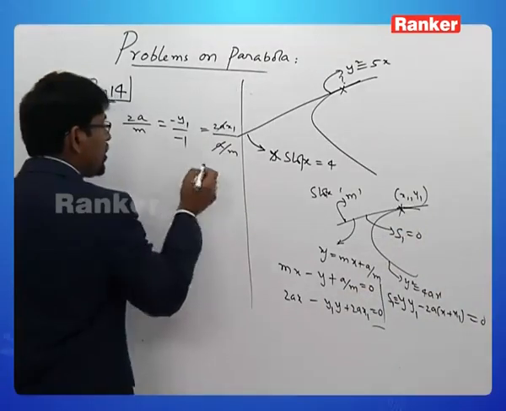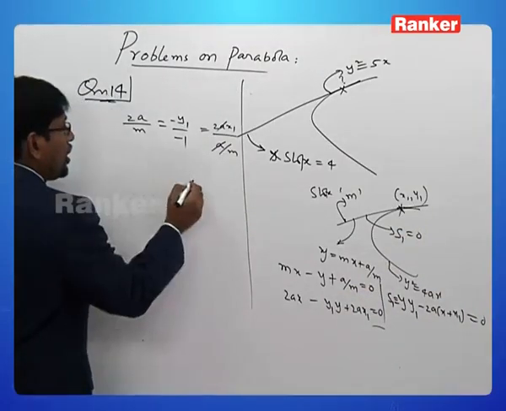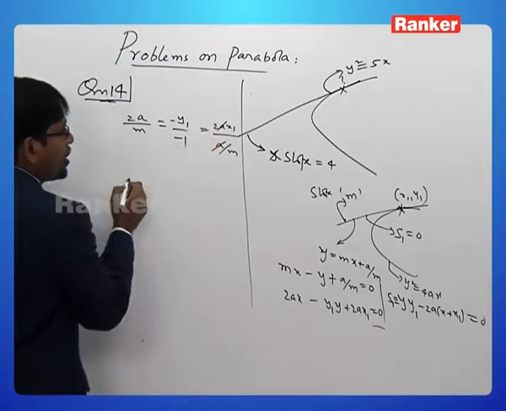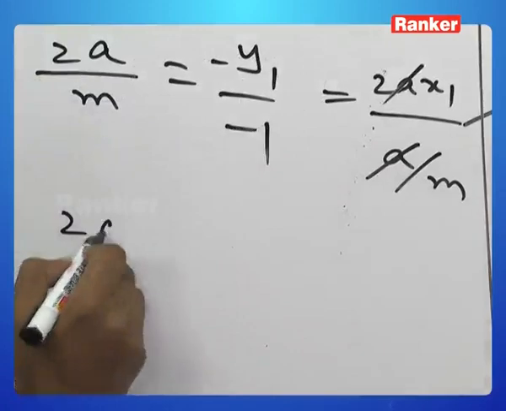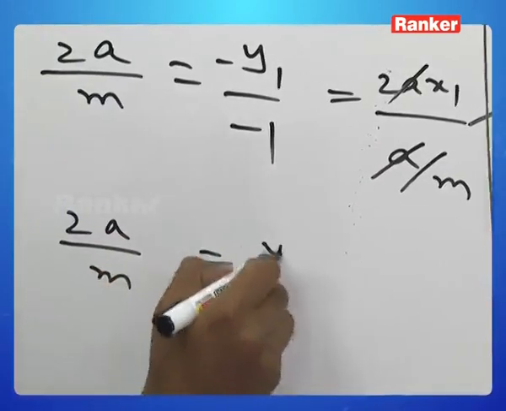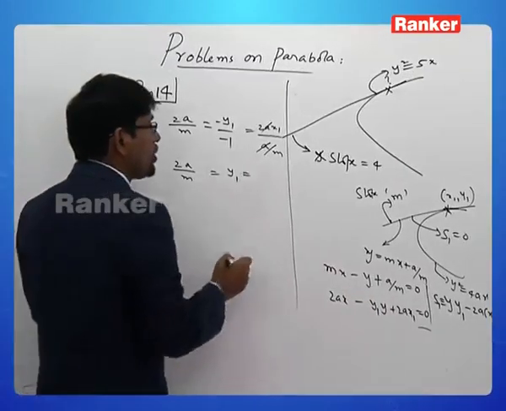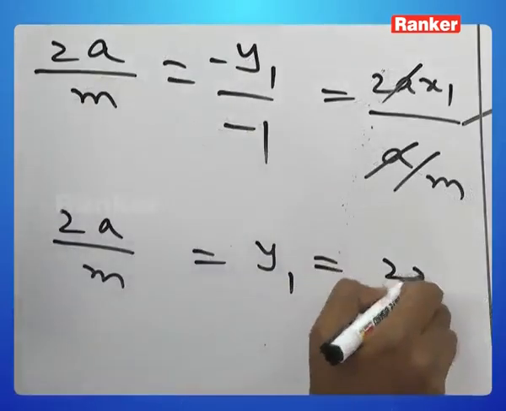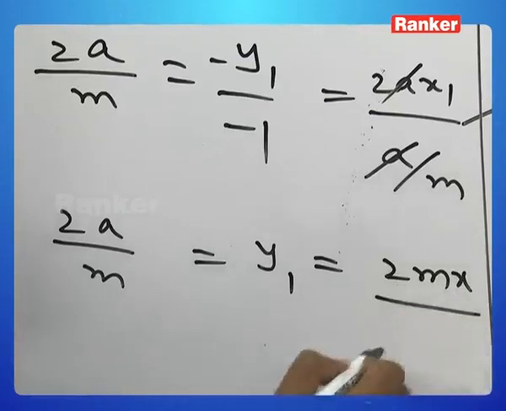This a cancels and you have this 2. So what we have here is 2a by m is equal to y1, and that in turn is equal to 2mx1 by 1.